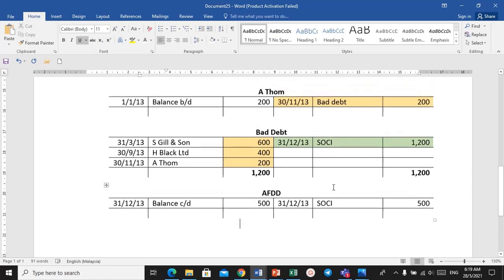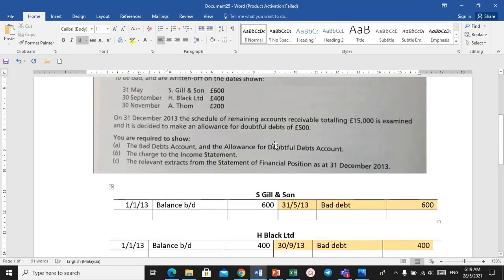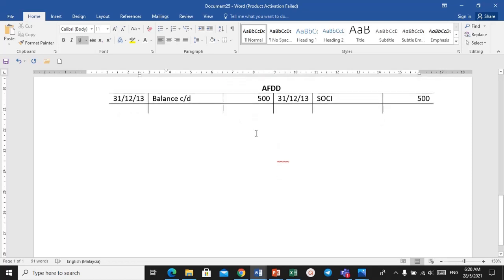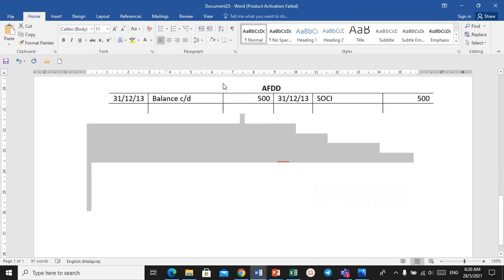So we have done all the entries to deal with bad debt and allowance for doubtful debt. So we have answered this first question. Next we need to do the entries in the final account. So we are going to do this B and C. I have already pasted the format of the final account from the previous exercises.